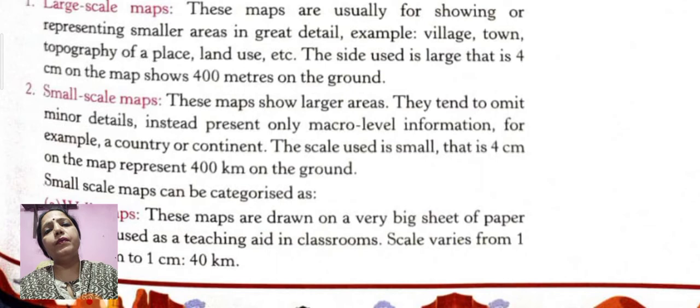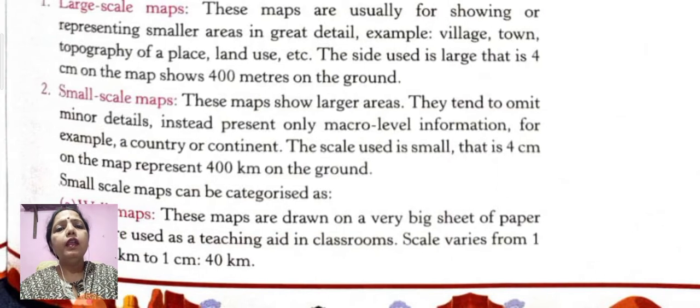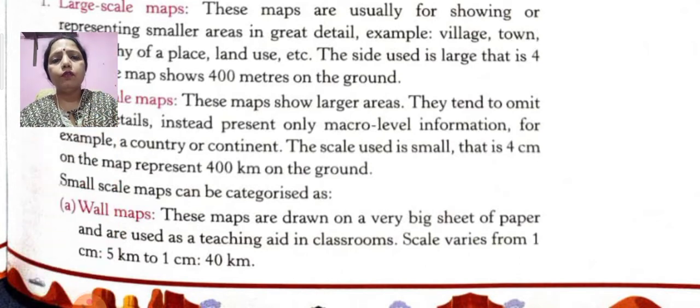So now we will know about the small scale map. These maps show larger areas. They tend to omit minor details. Instead, they present only macro level information. For example, a country or continent. Small scale maps can be categorized as wall maps and atlas maps.